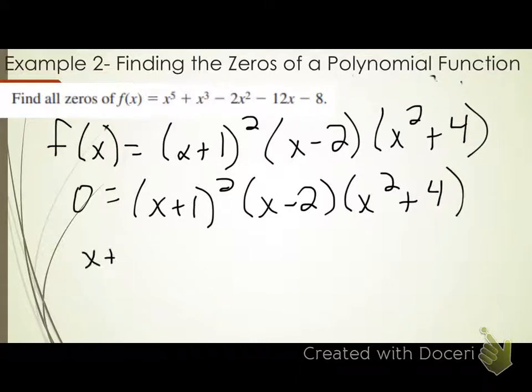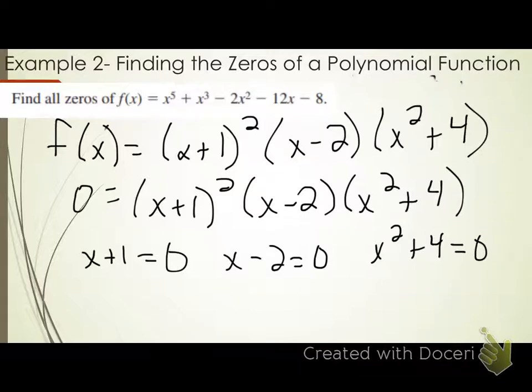Then I set all my factors equal to 0. Well, we know x equals -1, and I need to list it twice because it's squared. And I'm trying to find all the zeros.